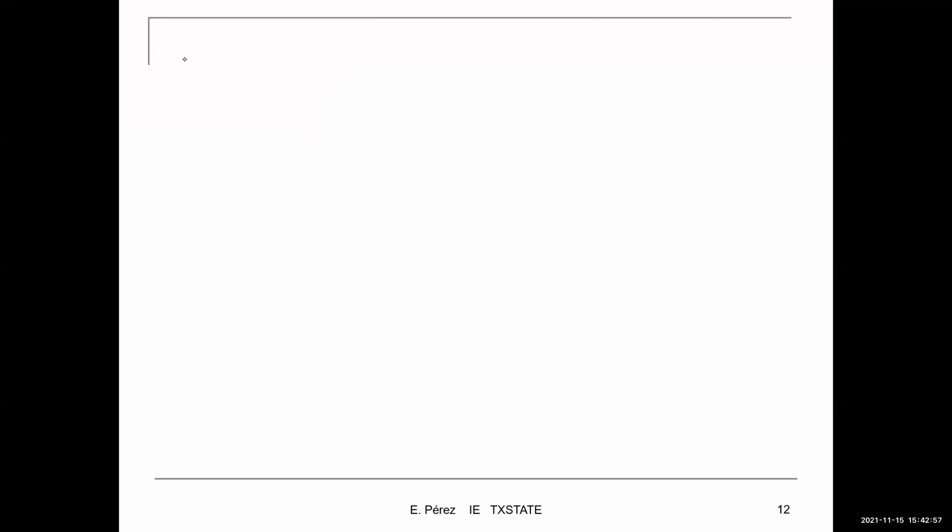The mathematical model, again, let me summarize. So we're gonna define the mathematical model using these parameters. So we're gonna have, again, the decision variable, or multiple decision variables.